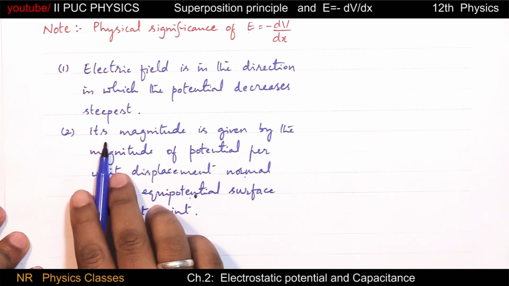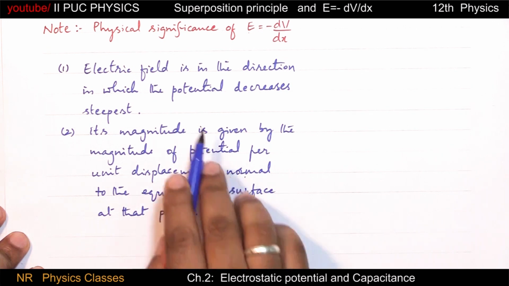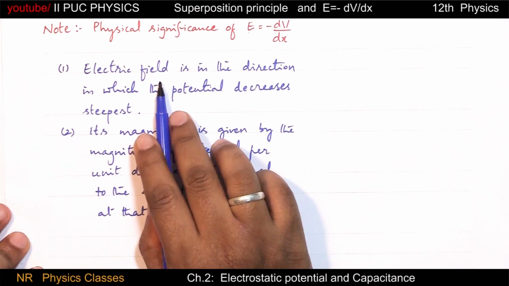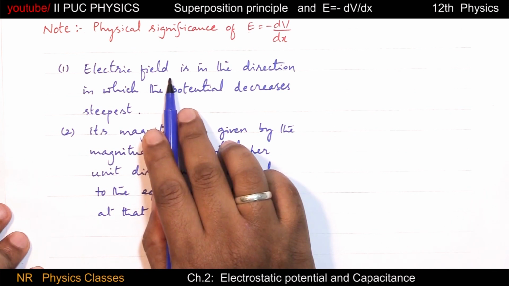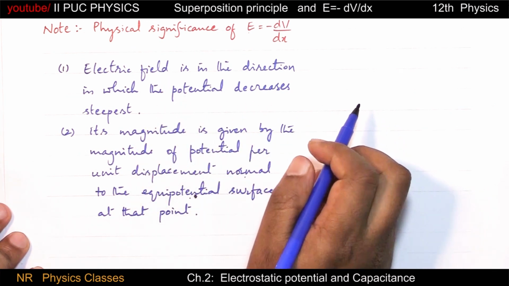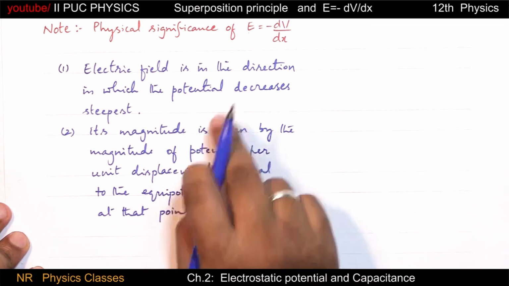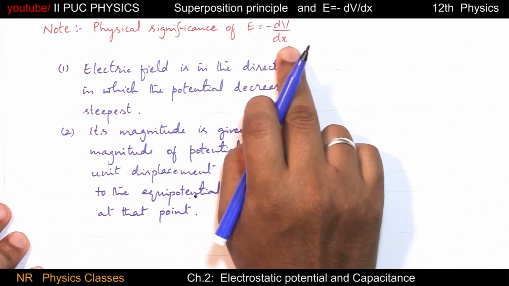So direction is always perpendicular to the equipotential surface, along the steepest decrease in potential. So these two are the physical significance of E equals minus dV by dx.